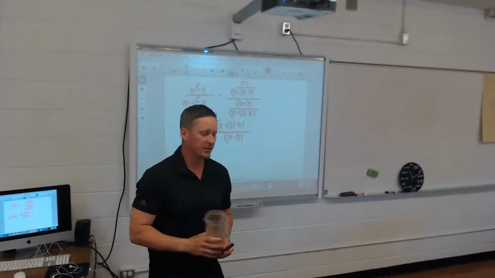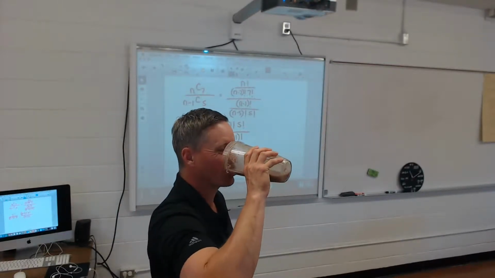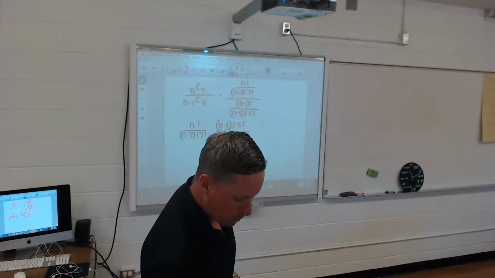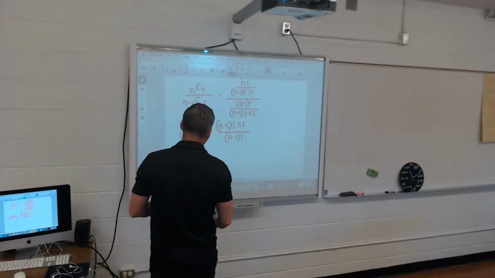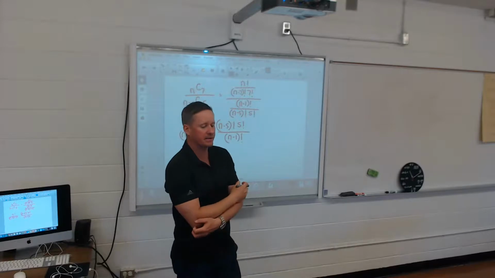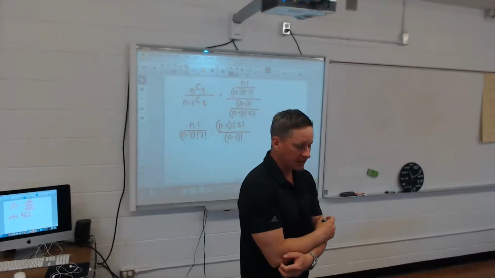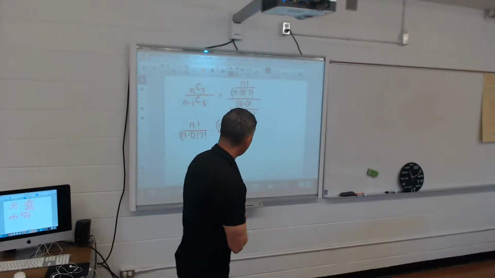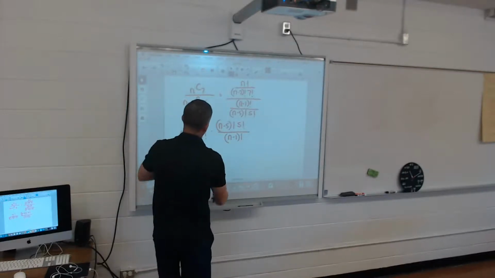Now I've reciprocated my fractions. Now basically what I'm doing here is I'm going to expand so that I can cancel out. And I'm looking at these two right here.